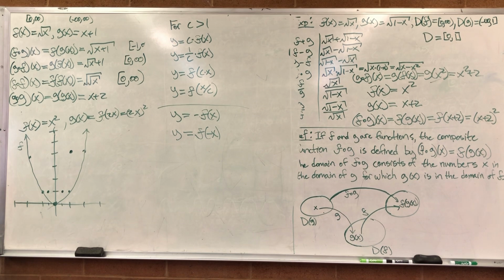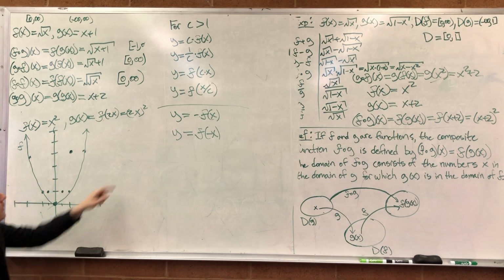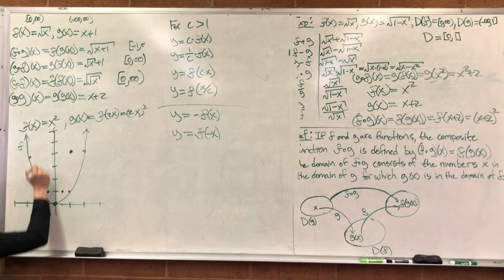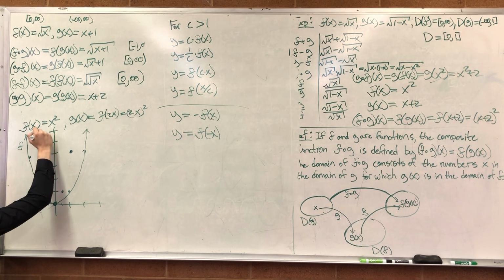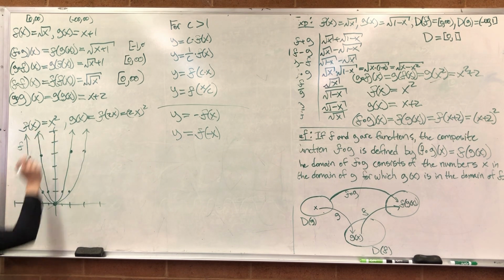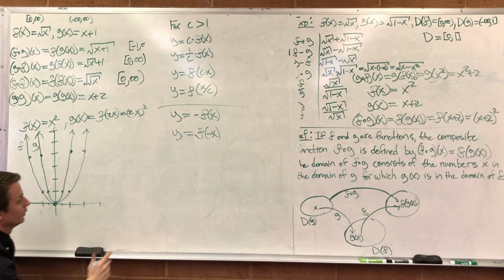Am I losing anyone in this? No. We're just plugging in right here. Okay. When I plug in negative 1, what do we get? 2 times negative 1 is negative 2, squared is 4. So when I plug in negative 1, I get 4. And if we finish, it's going to continue like that. And it compressed it. Right? So here's g.